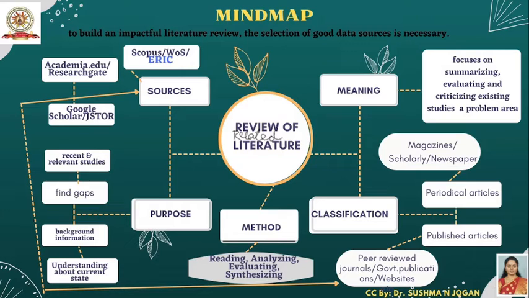Under classification, you can understand different types of articles that you are going to review to understand the research gap of the previous carried out studies from your study. There are basically two types of articles that you can review to understand that research gap. Number one is periodical articles, and number two is published articles.